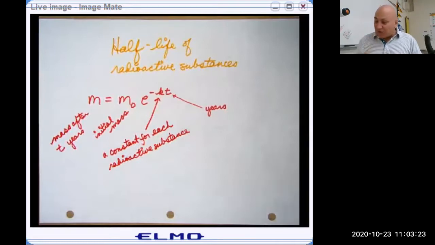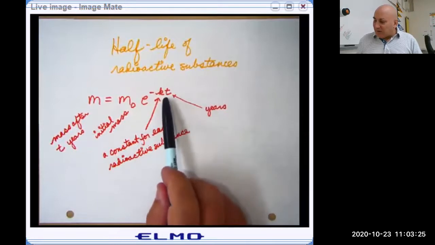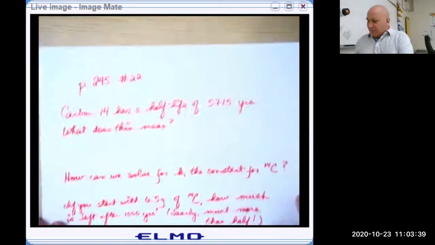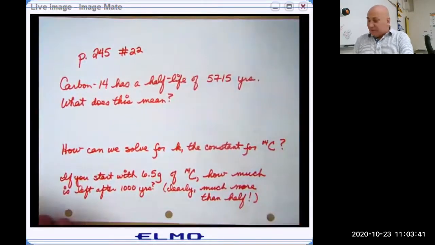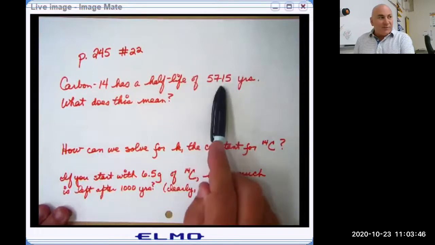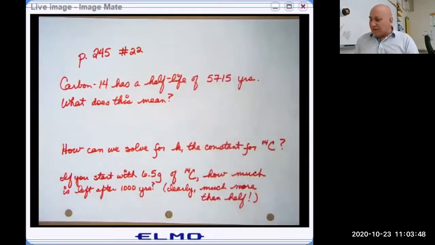So we have to find those constants, and then we can look at how much of a material remains or how long it will take until 99% of your radioactive substance is gone. So I did one of the problems in our book. The first part says, we know that carbon-14 has a half-life of this many years. What does that mean? That means after this many years, half of the carbon-14 is gone.